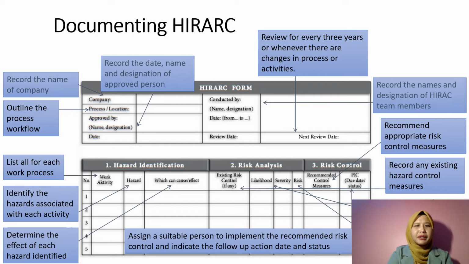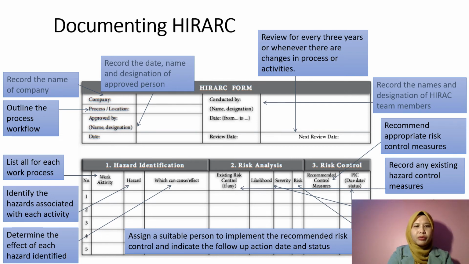It is recommended to use a single form for each work process. Record the names and designations of hierarchy team members. Outline the process workflow and indicate it in the form under the process or location column.